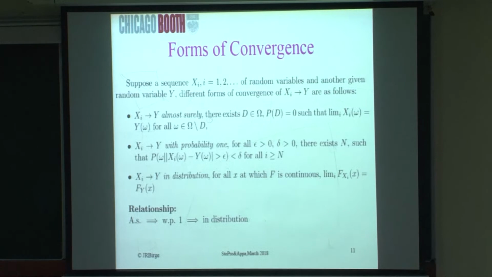It's saying that if I look at how X maps omega to how Y maps omega, all of them are going to be mapped exactly the same way by whatever the limit of these X_i's is. All are going to be mapped exactly the same way, except for whatever happens on this set of probability 0.